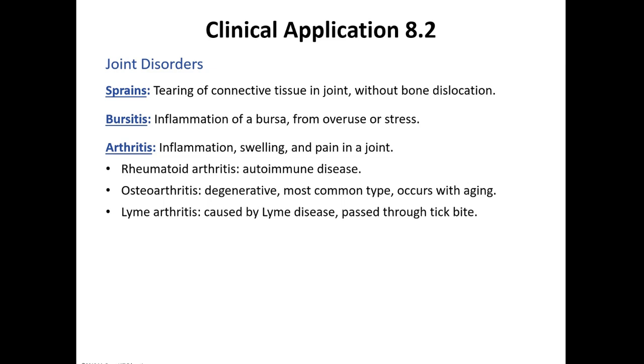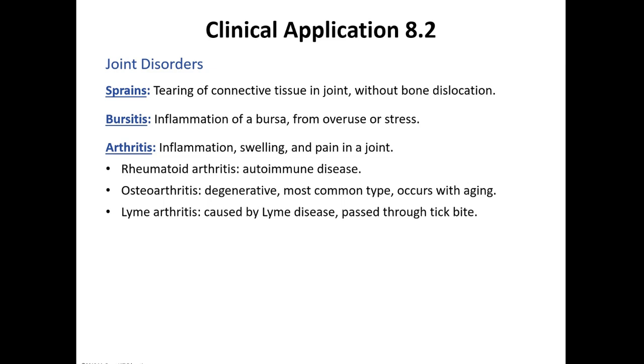They include terms such as sprains, bursitis, and arthritis. Sprain has to do with tearing of the connective tissue called ligaments in a joint without bone dislocation.